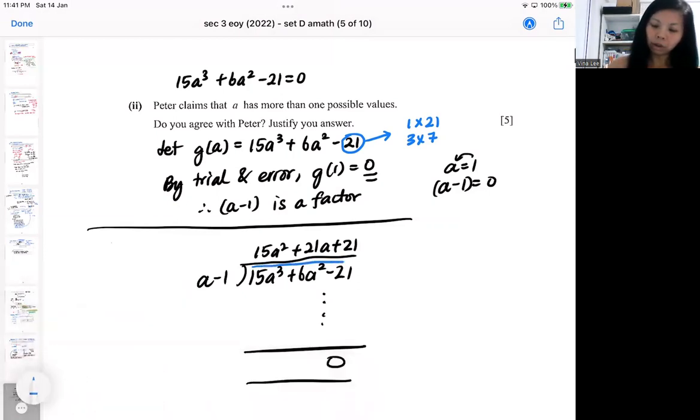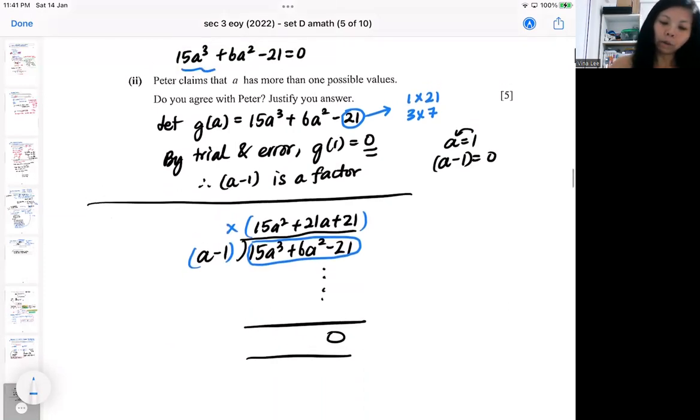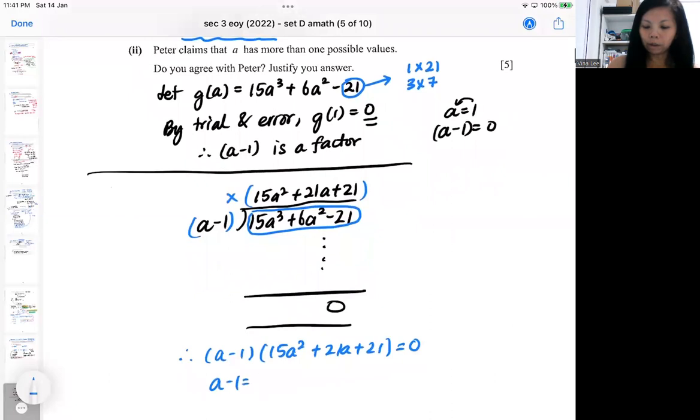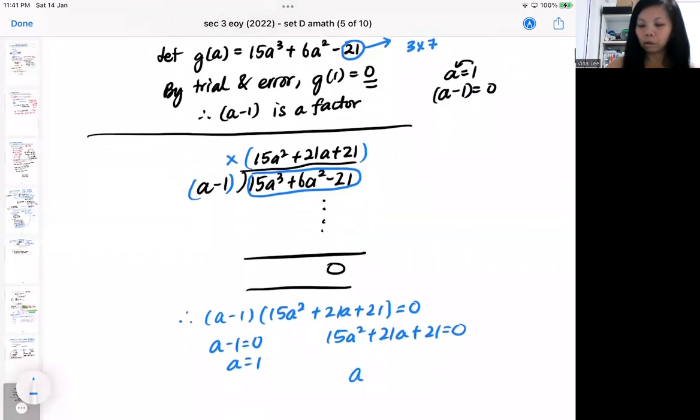That means your original cubic function is a product. So if you would like to solve this equal to 0, it actually becomes this equal to 0. So you'll go for first bracket equal to 0, second bracket equal to 0. The second bracket is a quadratic function.